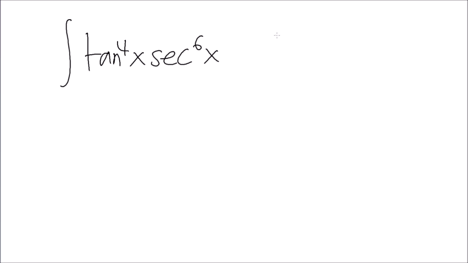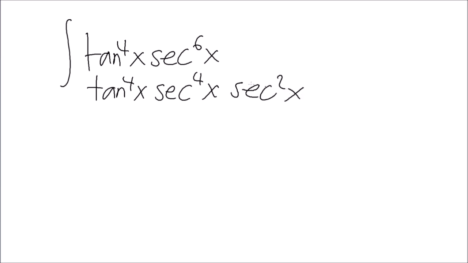Ooh, all right. So now this is in terms of even numbers. We can take out secant square. Why do I want to do this? Because we can turn this in terms of tangent, using the trig identity tangent square plus 1.